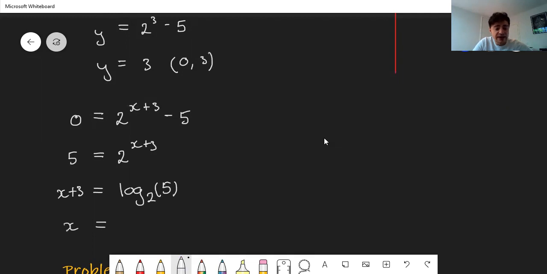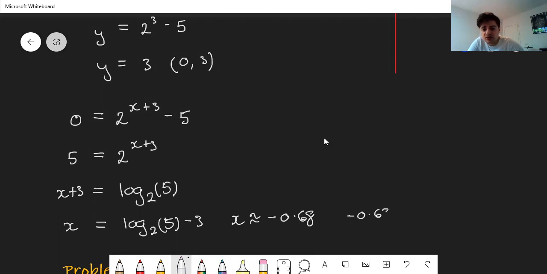And if we just get the x by itself, it leaves us with log to the base 2 of 5 minus 3. And if you solve that one, and round it to 2 decimal places, it's negative 0.68. So that means the x coordinate is negative 0.68, rounded to 2 decimal places, and 0.